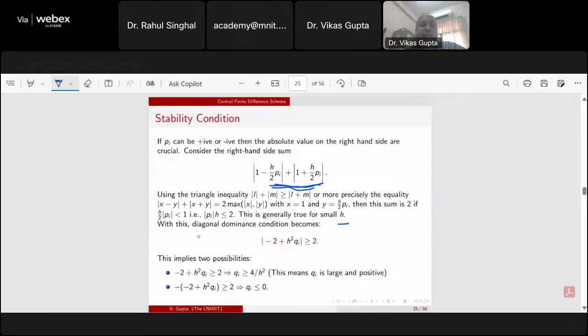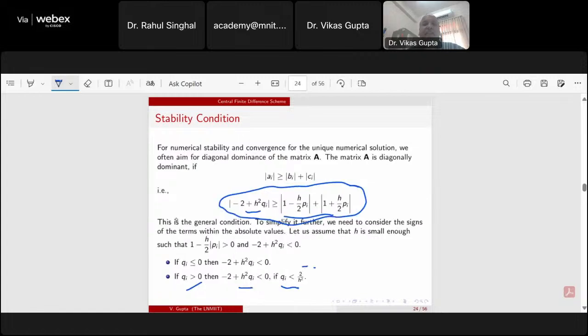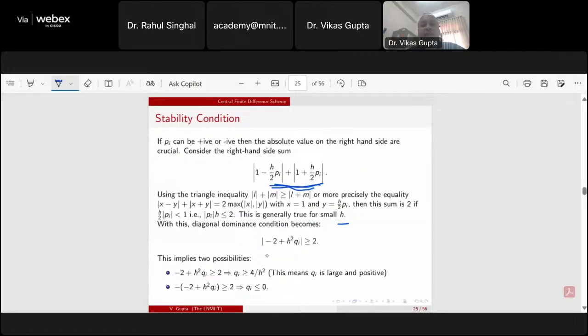So with this, the diagonal dominance condition becomes, if the right hand side sum is 2, and that sum is 2 when mod pi into h by 2 is less than 1, then mod of minus 2 plus h square qi is greater than or equal to 2. Now that implies two possibilities.